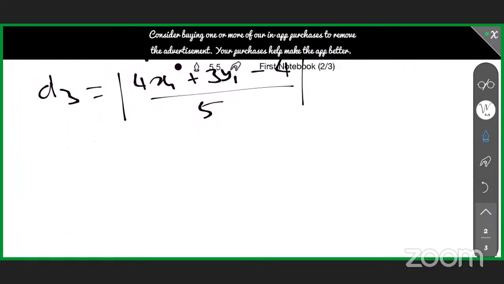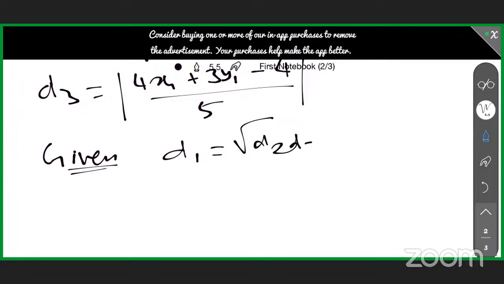So what they have given is that D1 is the geometric mean of D2 and D3, D1 is equal to root of D2 D3. Therefore D1 square is equal to D2 into D3.